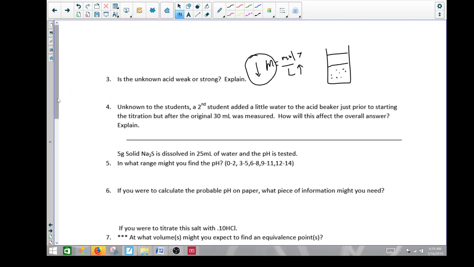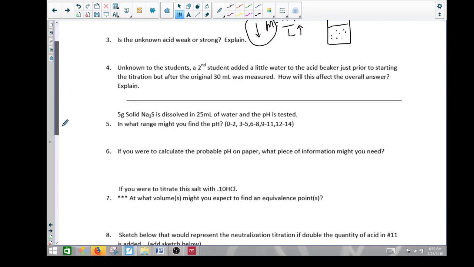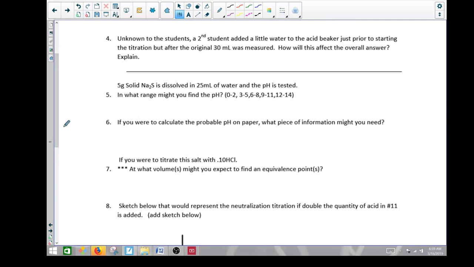All right, next one. A 5-gram sample of Na2S is dissolved in 25 milliliters of water and the pH is tested. In what range might you find the pH? This is a pretty tough question for kids.